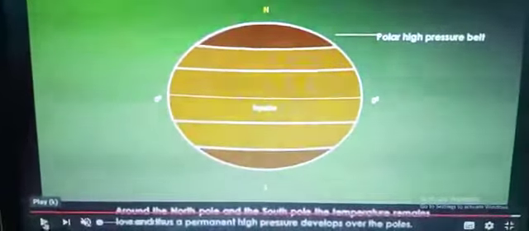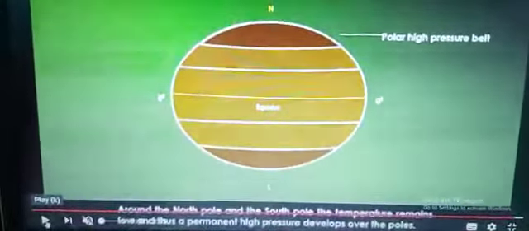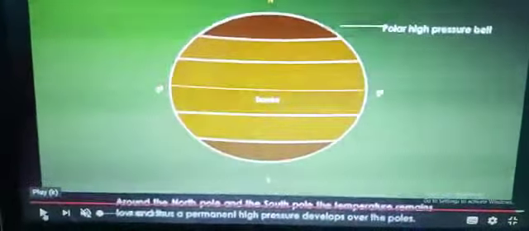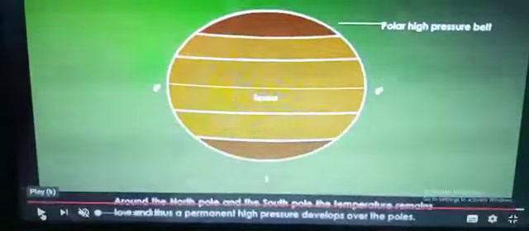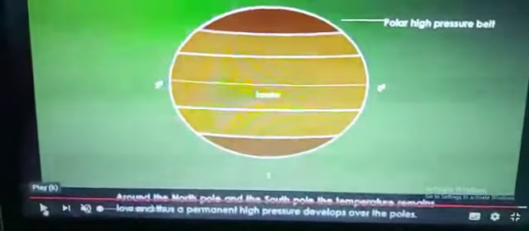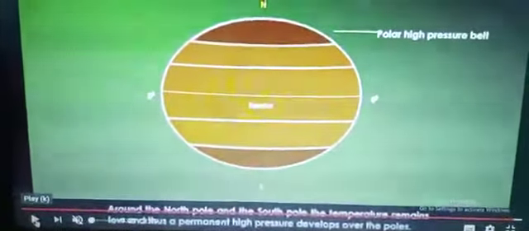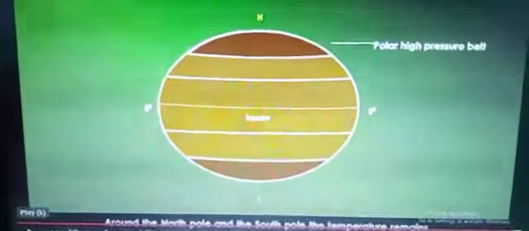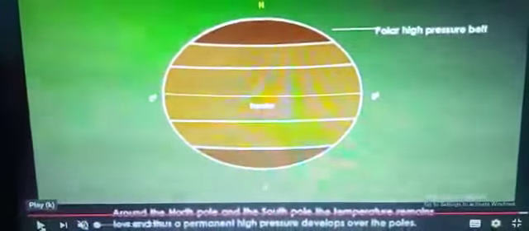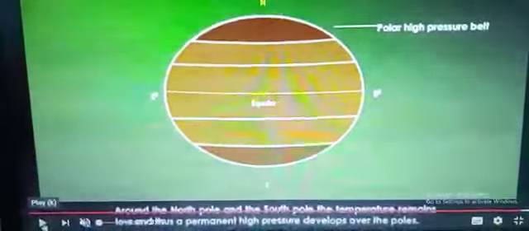So the cold descending air gives rise to high pressure over the poles. These areas of polar high pressure are known as the polar highs. These regions are characterized by permanent ice caps, because they are right in the polar region, and they are covered with ice.